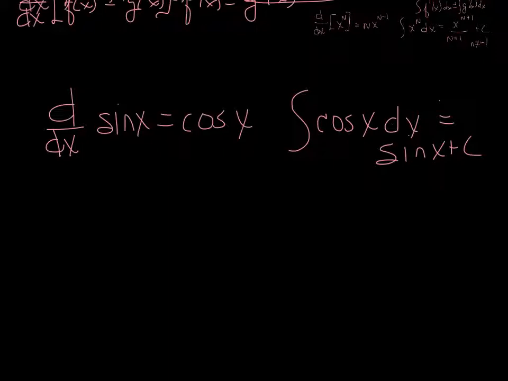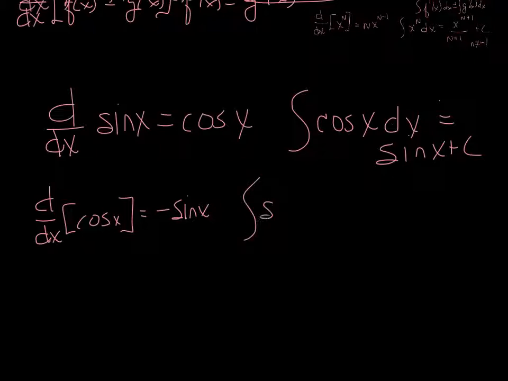Olivia, did you have a question? Okay. The derivative of the cosine of x is negative sine of x. So the antiderivative of the sine of x dx equals negative cosine x plus c.